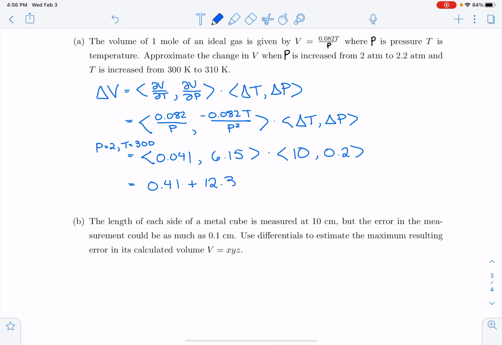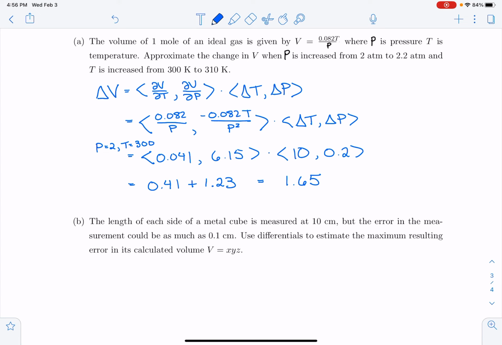Okay, so doing that dot product, we're going to get 0.41 plus 12.3 in this case when we dotted with 1.23. Okay, so that change in volume is going to equal 1.65.